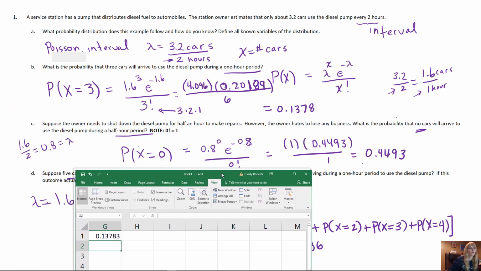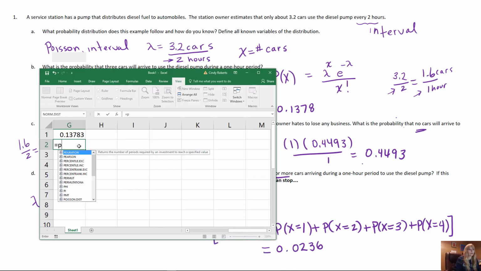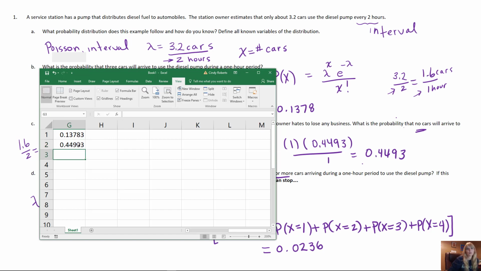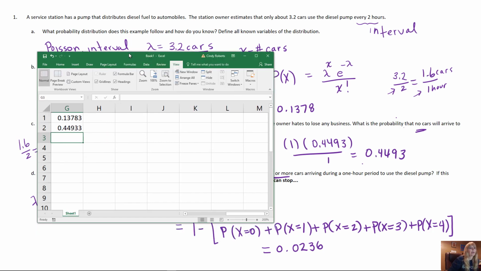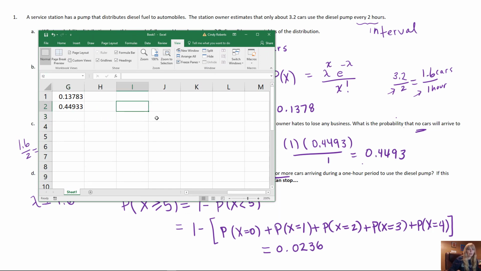Then I can do the one for 0. So equals Poisson distribution, X equals 0. This one, the mean was 0.8 and false. Woohoo! We're rolling.